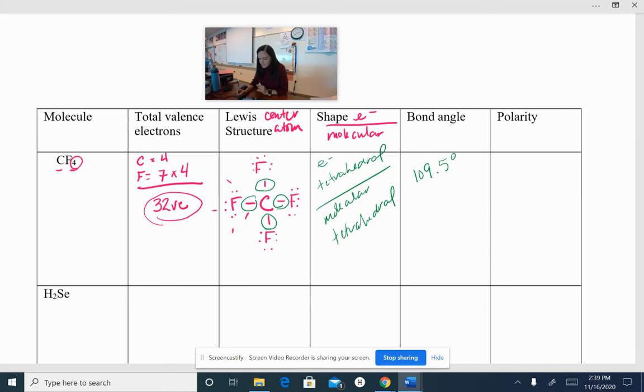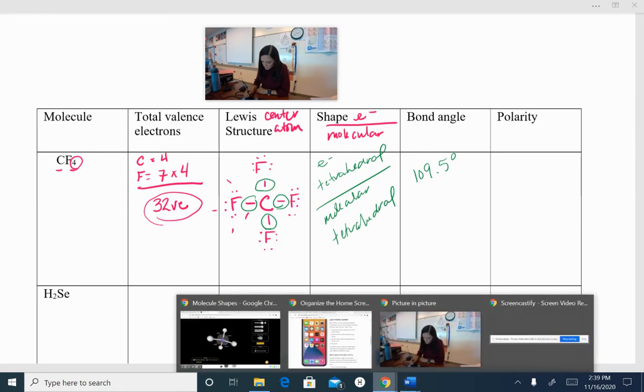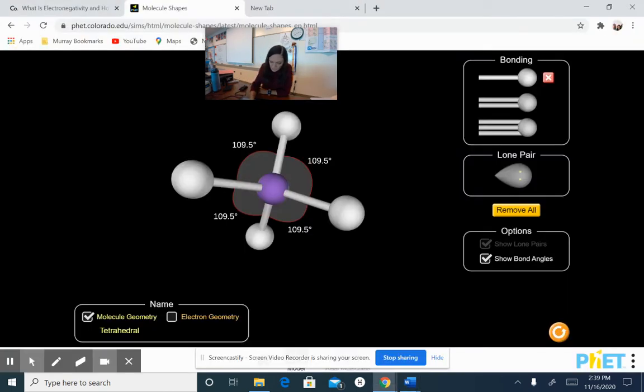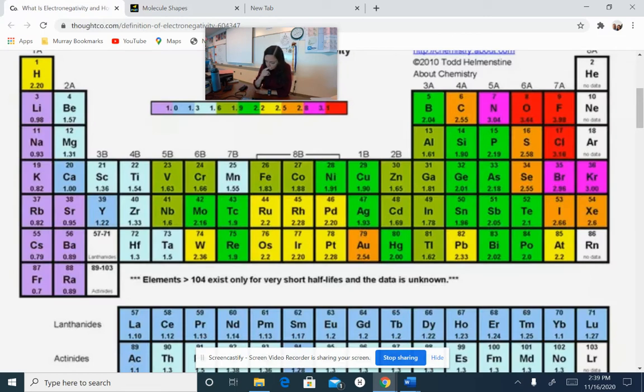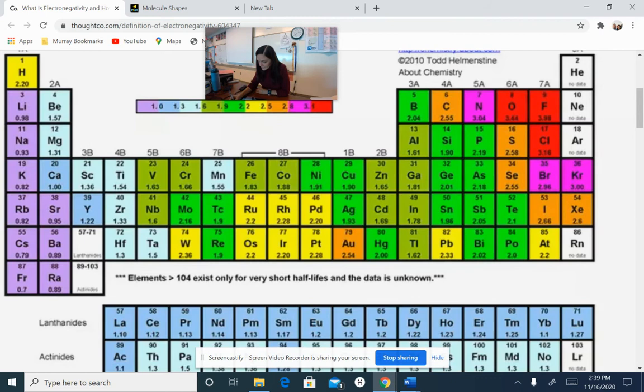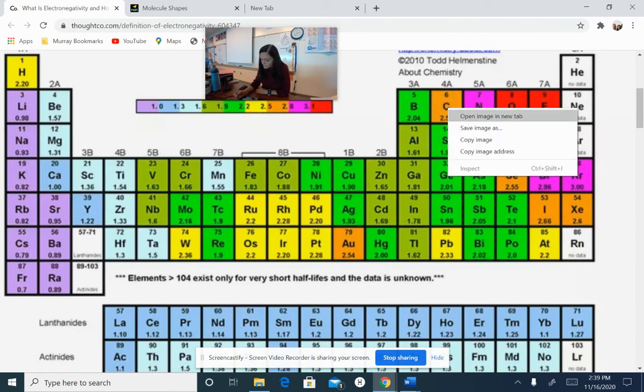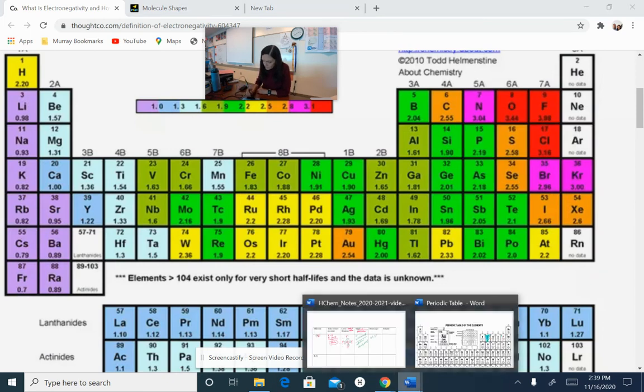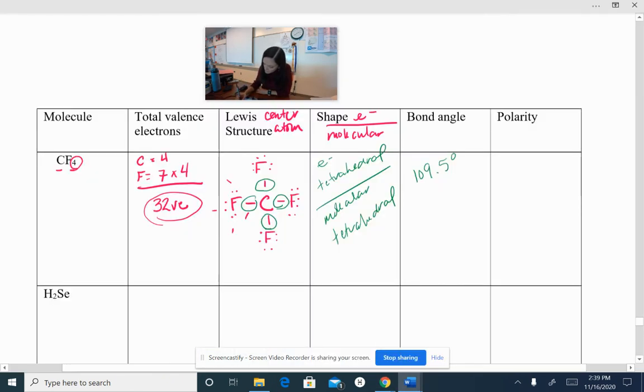Okay, now the next thing to do is figure out polarity. Now, for polarity, we have to look at electronegativity. So let's look at electronegativity really quick. Fluorine has an electronegativity of 3.98, and carbon has an electronegativity of 2.55.